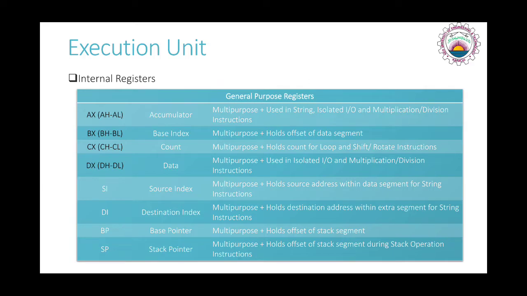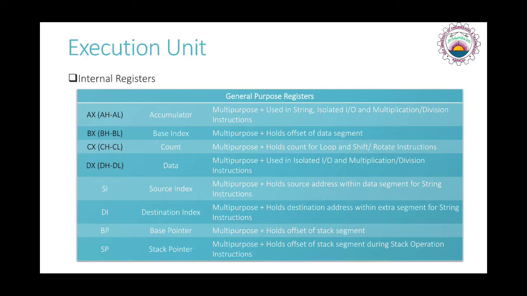Then there is SI register, source index. It is also another multipurpose register, and the dedicated operation for this register is within string data transfer instructions, and within string instructions this register will be holding offset address within the data segment, and that will be the source address.